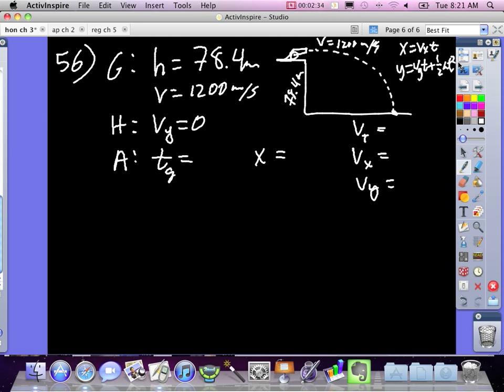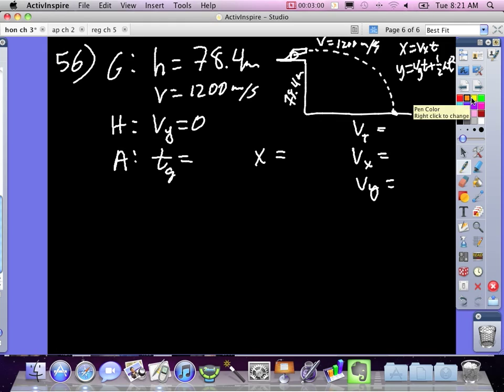Oh, excellent answer. Good. It doesn't fall forward. It falls only down. Because what makes anything fall? Gravity, right? So when you say something falls, it only falls down. Unless you're stuck between two large gravitational objects and you're falling at some other angle. But on Earth, it falls down. So I know that this horizontal velocity is going to stay the same the whole way.